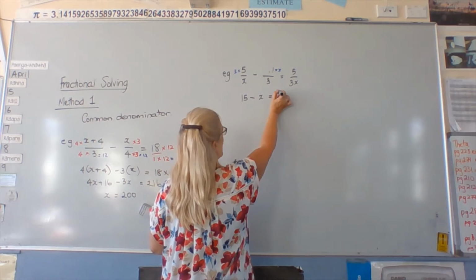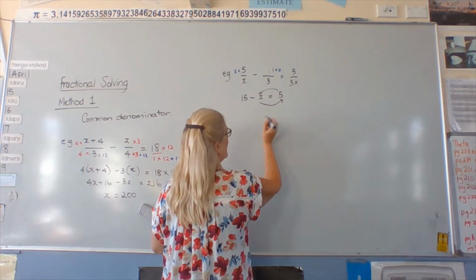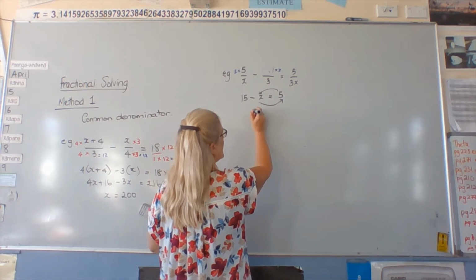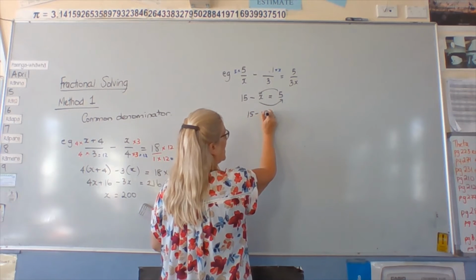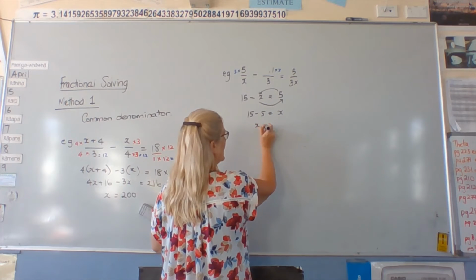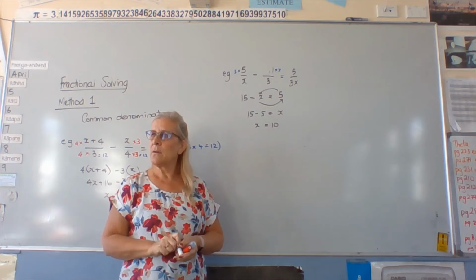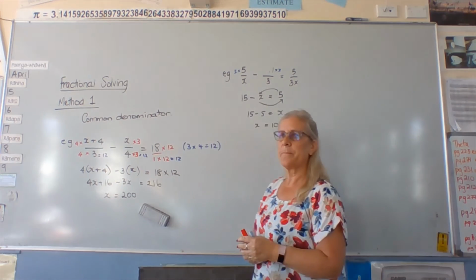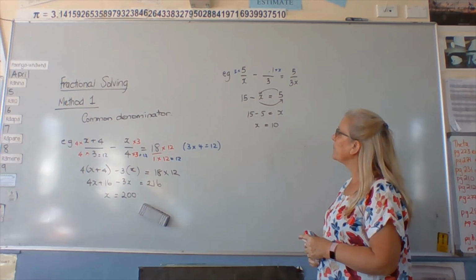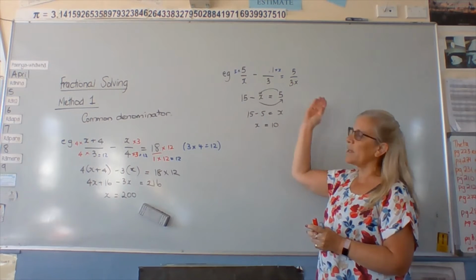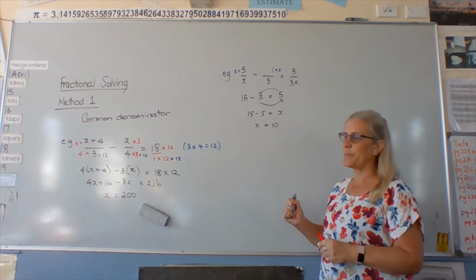So we get, remember that you can go this way. I'm going to do that. So I'm going to get 15 minus 5 equals positive x. X is 10.